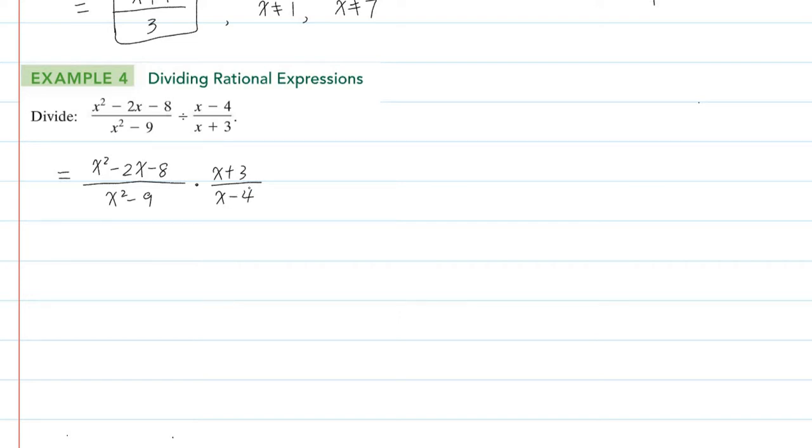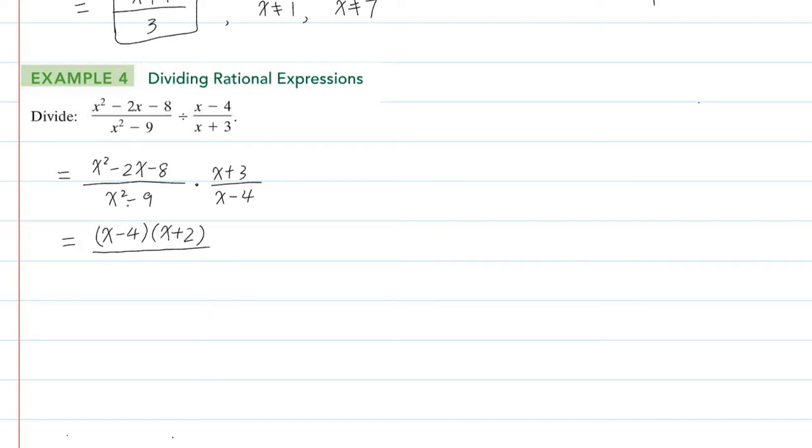So that will be step 1, multiply the reciprocal. And then step 2, everything else is exactly the same as example 3. So we'll go ahead and factor. We're going to factor this, that will be x minus 4, and then we have x plus 2.